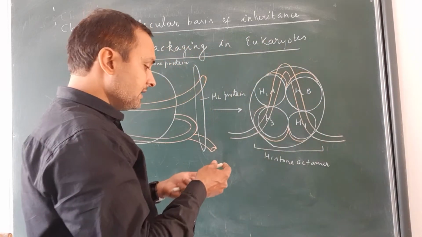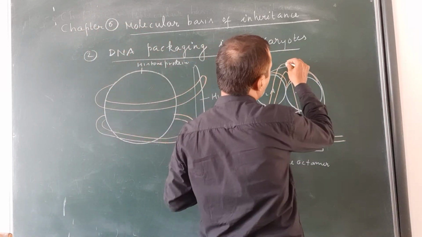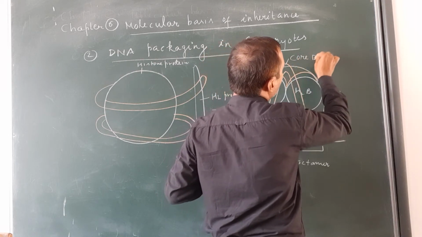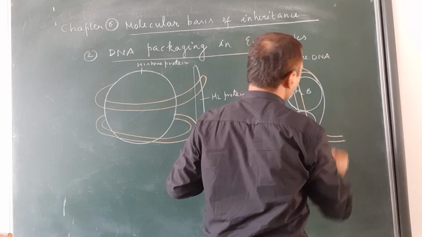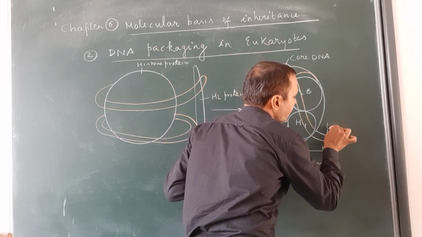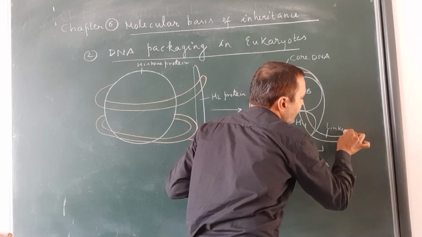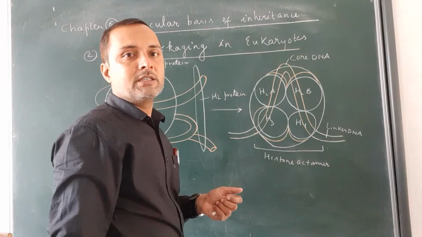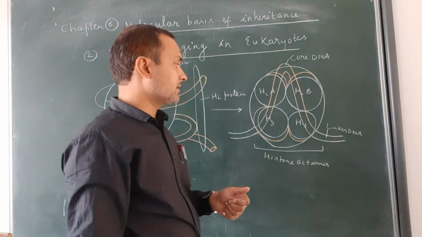Now let's see. The segment of DNA that is wrapped around the histone protein is known as core DNA, and the DNA that is present outside of the core is known as linker DNA. This linker DNA helps to connect 2 nucleosomes together.